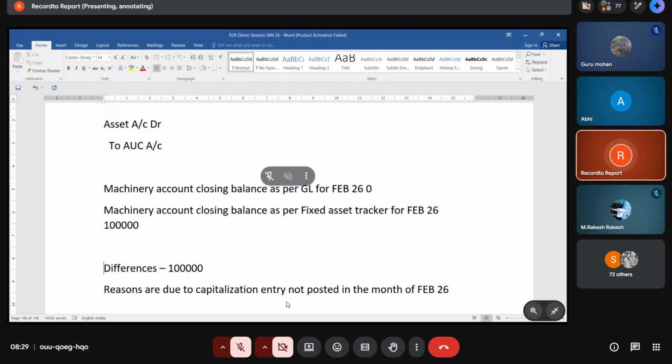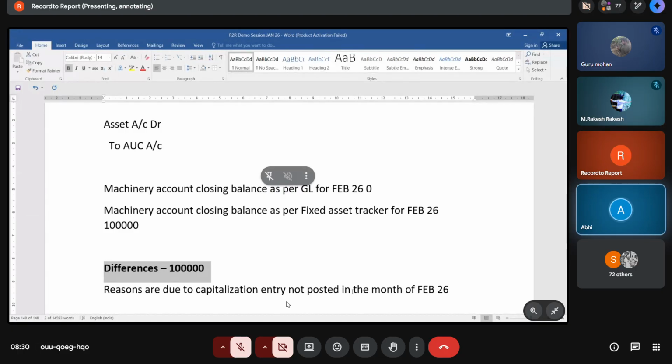If the entry is not posted, it will not reflect in the books of accounts. In the tracker in the Excel file, they are telling us 1 lakh rupees is the total value of the asset. If the transaction is not posted in the books of accounts, will it match? No.